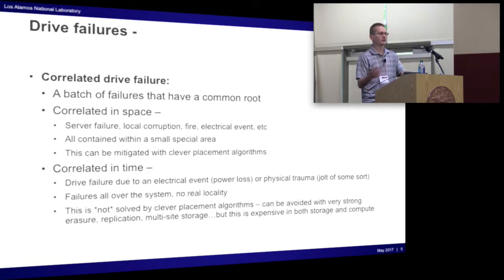So say you're doing erasure of 20 plus 4, and I used this example yesterday, if you have 5 drives simultaneously die in the system and you have a system that's fairly full, you have probably lost an object, and that probability approaches 1 with the more objects you have in the system, because the likelihood of having a stripe line up with the 5 drives that failed approaches 1.